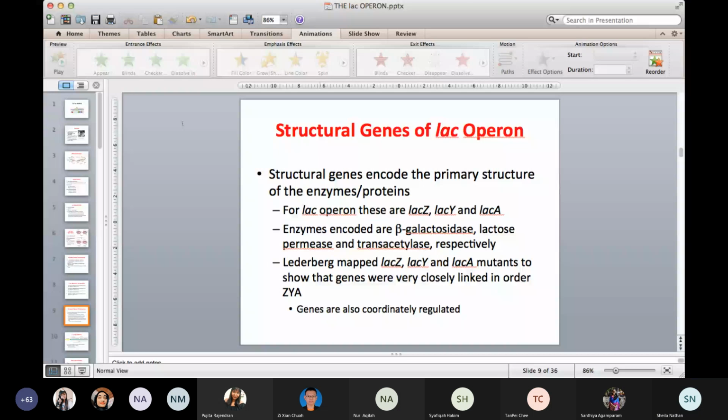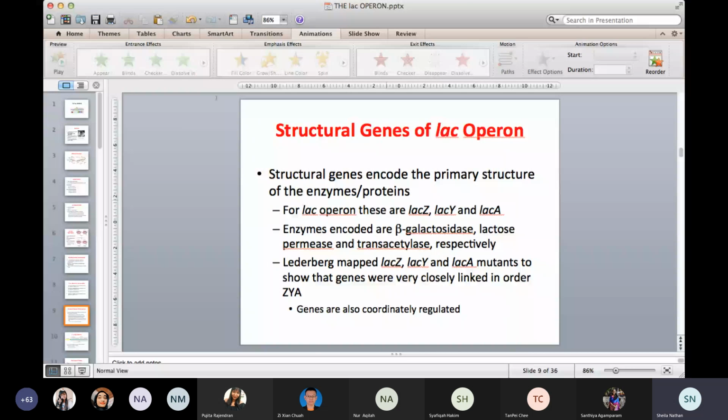But the lactose is found outside the cell, so you need something to transport it from the environment into the cytoplasm. The agent that transports the lactose is lactose permease.